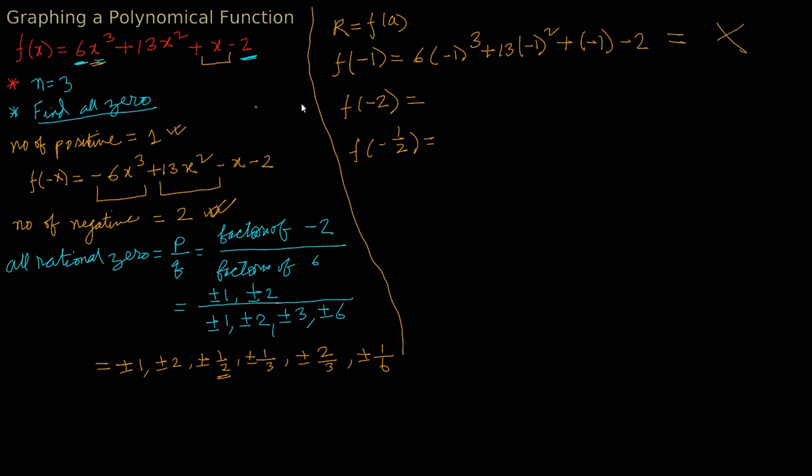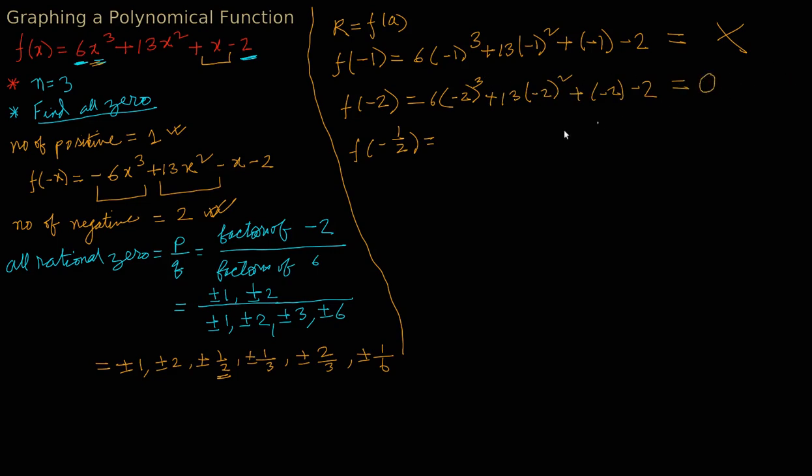Okay, let's do f(-2), which is 6 times (-2) cubed plus 13 times (-2) squared plus (-2) minus 2, and if you punch it into the calculator, you are going to find this is 0.